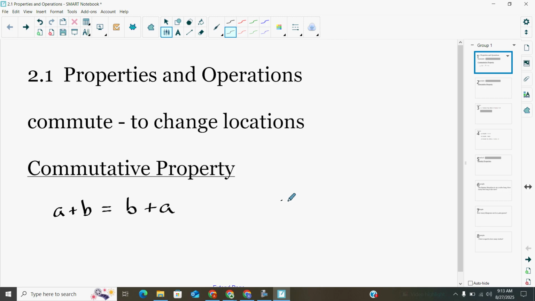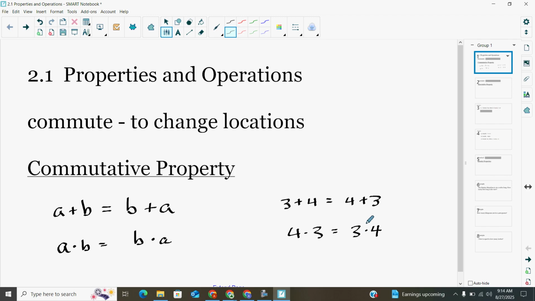An example, 3 plus 4, that's 7, and 4 plus 3 is also 7. Nothing new there. Multiplication is also commutative. A times B is equal to B times A. 4 times 3, 12, is equal to 3 times 4. I can change the location.